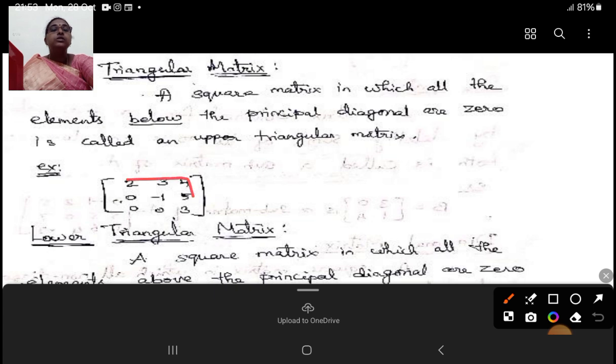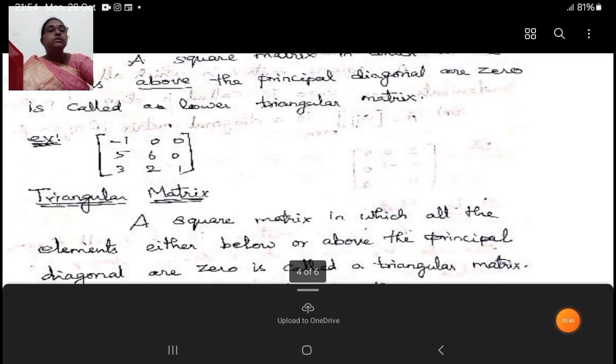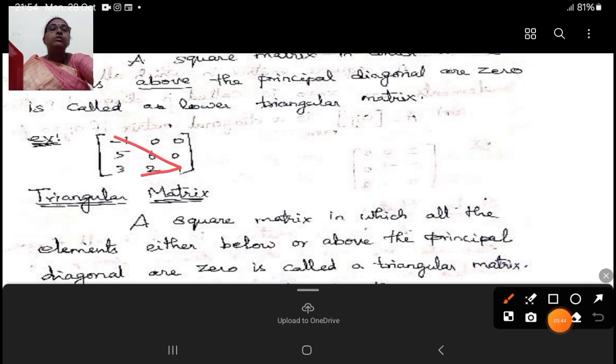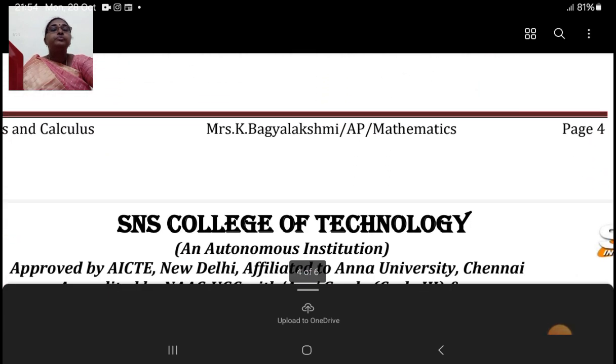That is, the values form an upward triangle shape. Likewise, on the lower side, the values are framed like a triangle. It is called a lower triangular matrix. Together, these are called triangular matrices.